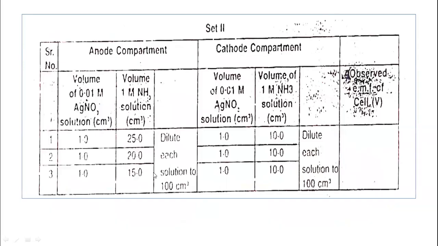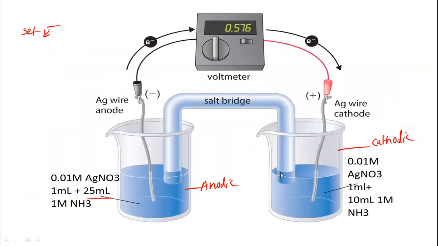Let us see the observation table for set 2, anodic compartment, cathodic compartment. The concentration of the silver nitrate is the same, and only the concentration of the ammonia is different here.